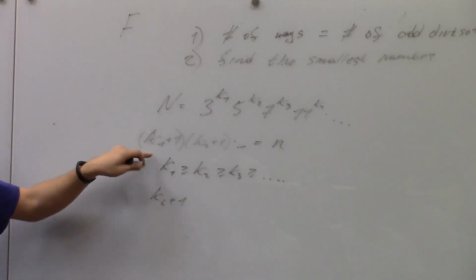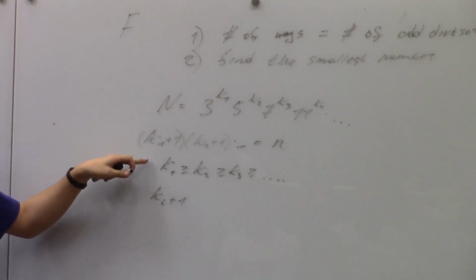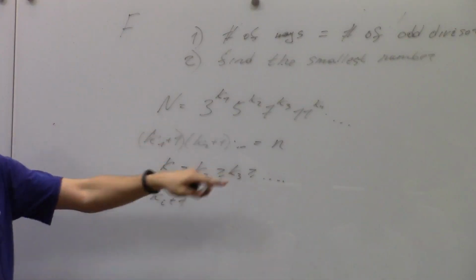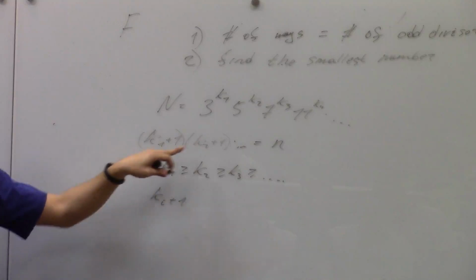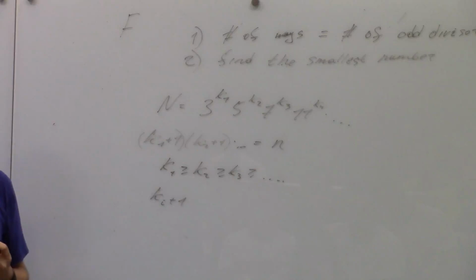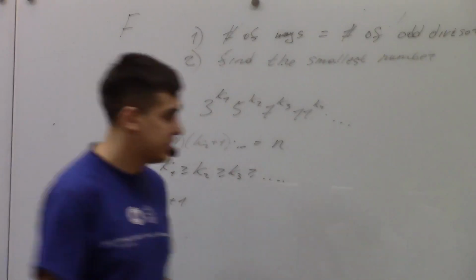Okay, so now the problem is as follows. We need to find a decreasing sequence of integers such that (k1 plus 1) times (k2 plus 1) times and so on, the product, is equal to n. Well, this can be done with a simple brute force search.